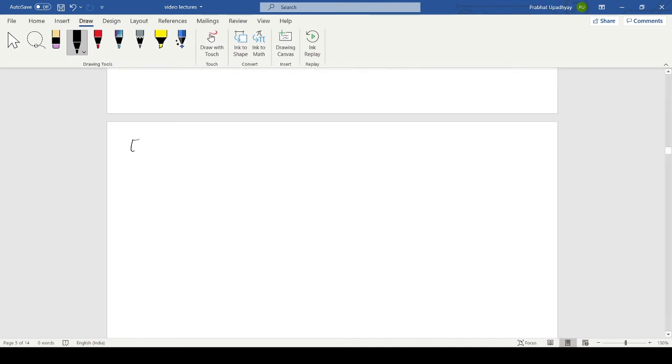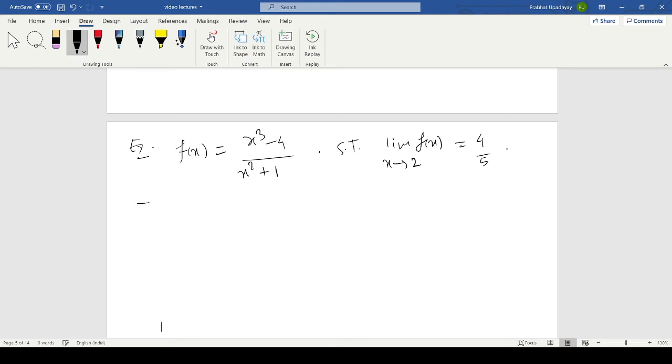Now consider the next example. Say your f of x is equal to x cube minus 4 upon x square plus 1, and we are asked to show that the limit of f of x as x tends to 2 is equal to 4 upon 5.